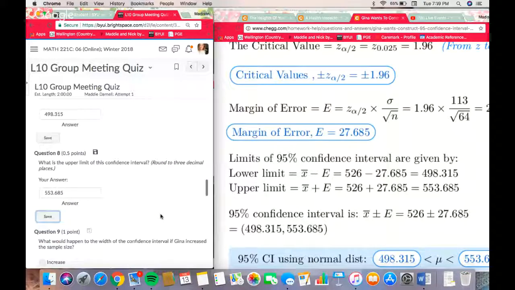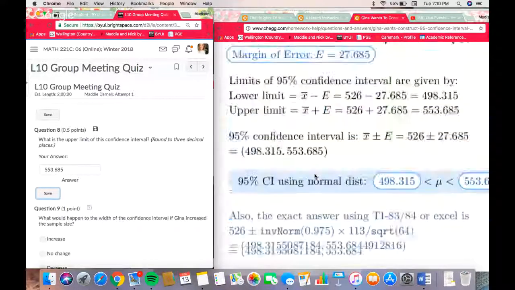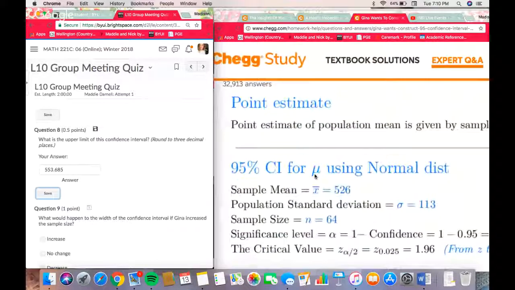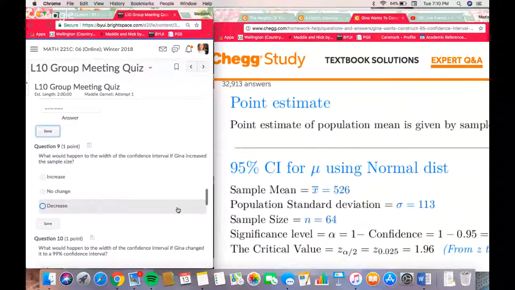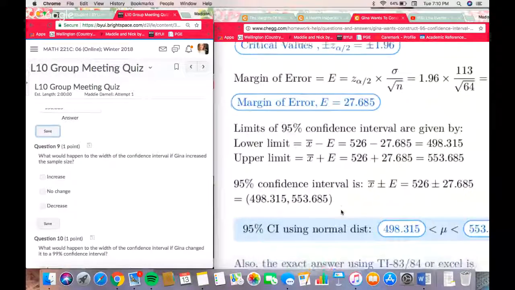And then to find what would happen to the width of the confidence interval, I don't know. I think that's probably in here, but I have no idea. What happens if she increased the sample size? I think it shows you.